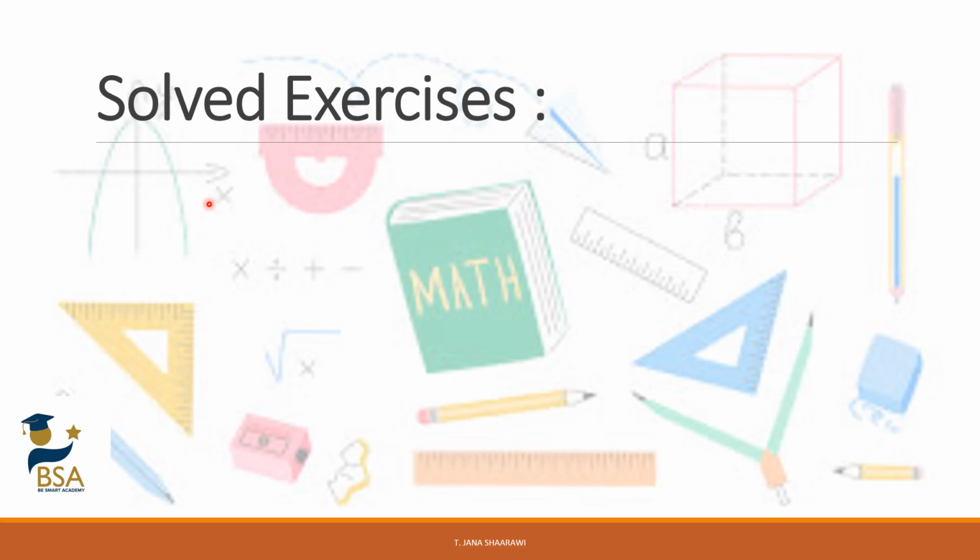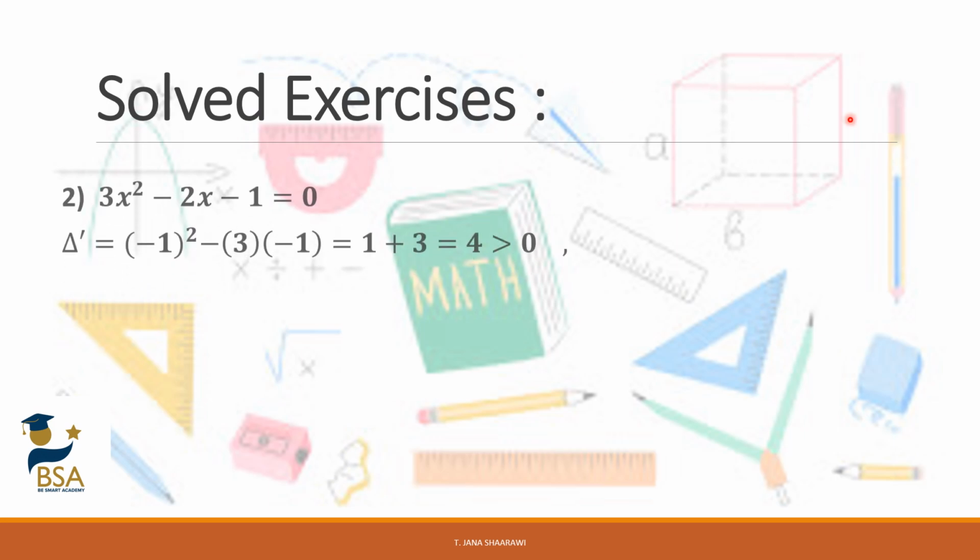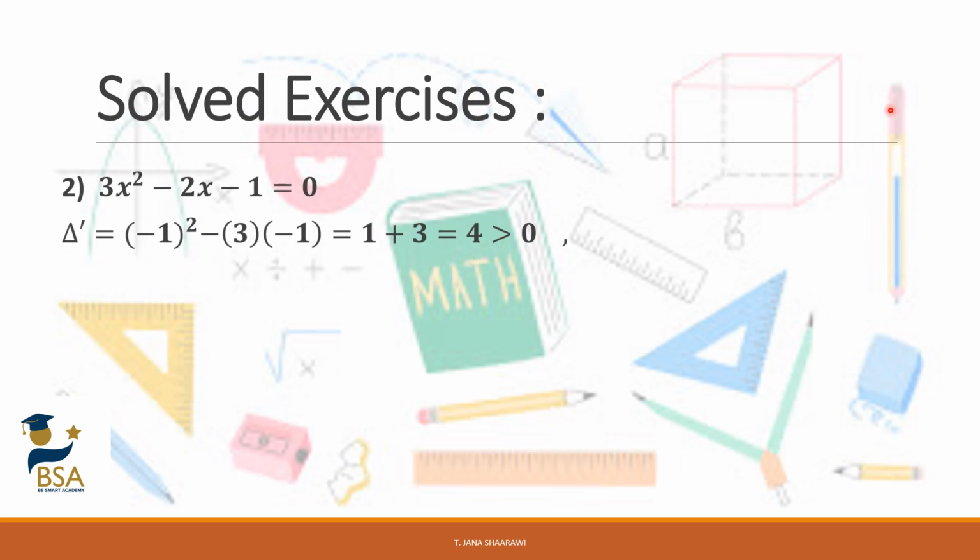And this one, I'm going to solve it another way using the reduced discriminant, because b here is even, so let's make delta prime. What is b prime? B prime is half of b. So it's minus 2 over 2, it's minus 1. So now delta prime is b prime square minus ac, so it's 1 plus 3 equal 4.